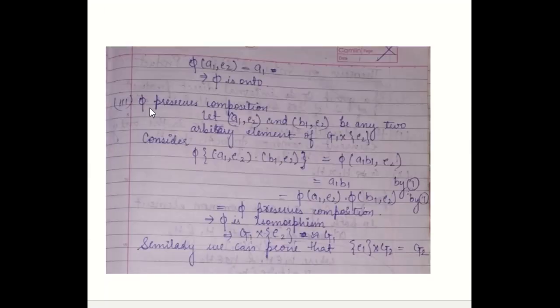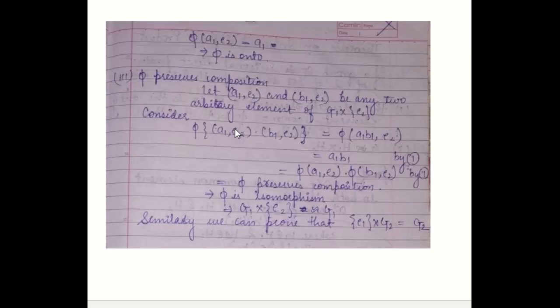So it is left to show phi preserves composition. Let A1 E2 and B1 E2 be any two arbitrary elements of G1 cross E2, where A1 B1 belong to G1 and E2 is the identity of G2. Now consider phi of these two elements A1, E2 and B1, E2.